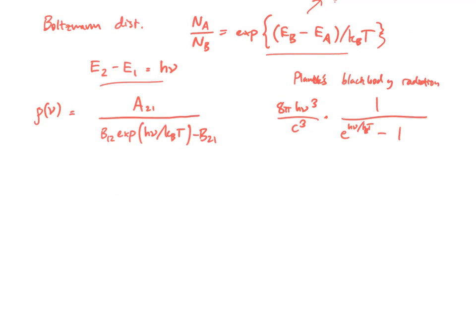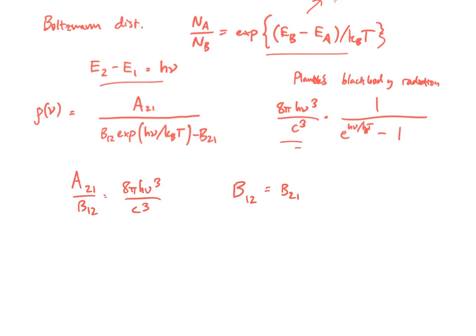Now, comparing these two directly, what that suggests is that not only does A21 over B12 equal this term out front here, so it equals 8 pi h nu to the third divided by c to the third, what's far more interesting is that B12 equals B21 at all frequencies.